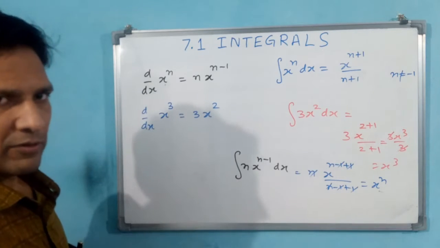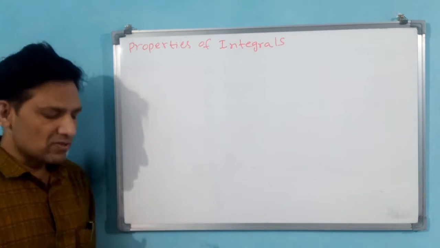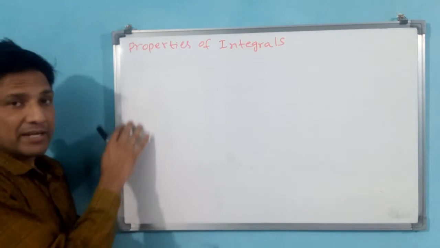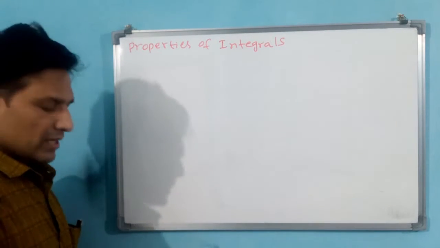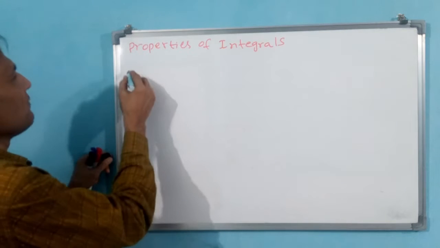Okay, let us go for the two simple properties. We will see properties of integrals, but we will write them here alongside the properties of derivatives and compare, then we will get it easily.